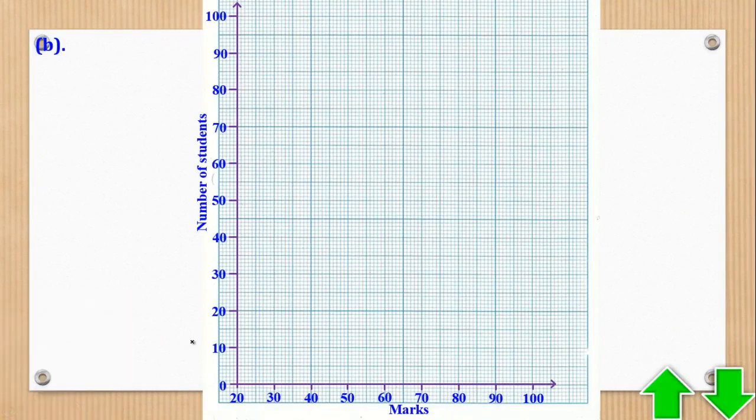So we come and plot: 40 is 5, 50 is 20, 55 is 30, 60 is 45, 70 is 70, 90 is 95, 100 is 100.